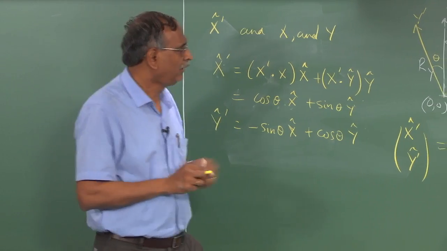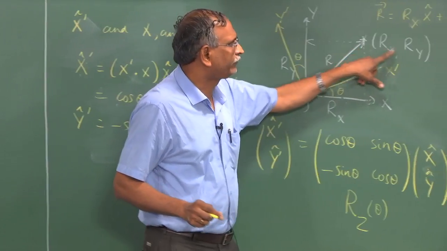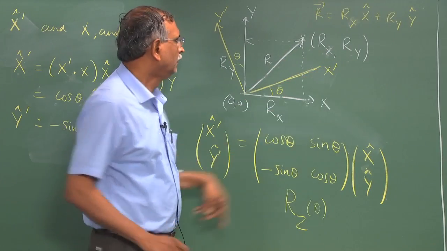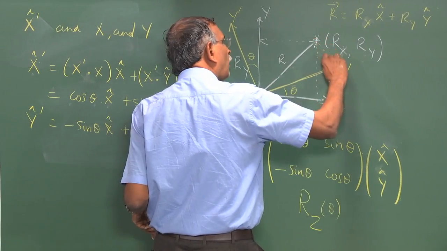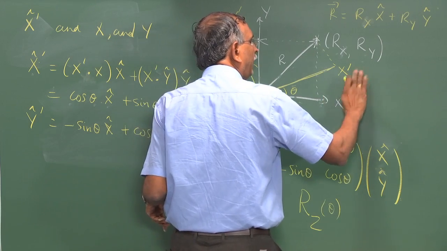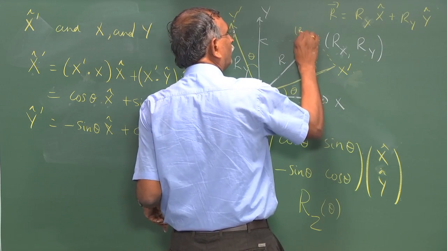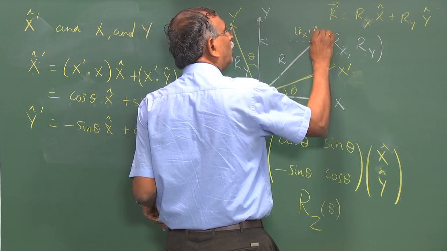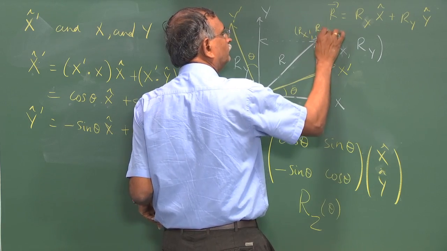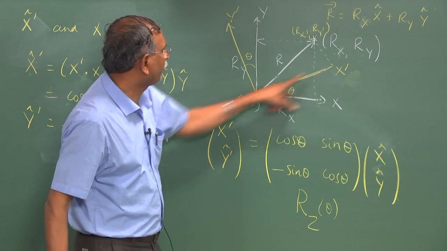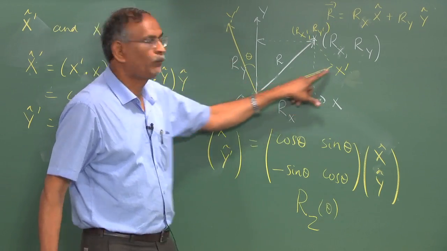Therefore what is a vector? Any pair of quantities Rx and Ry will have new components Rx prime and Ry prime, because the axis system is now x prime and y prime.